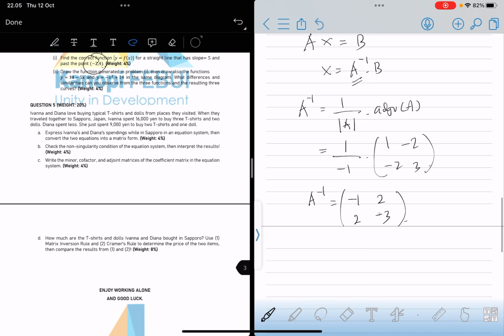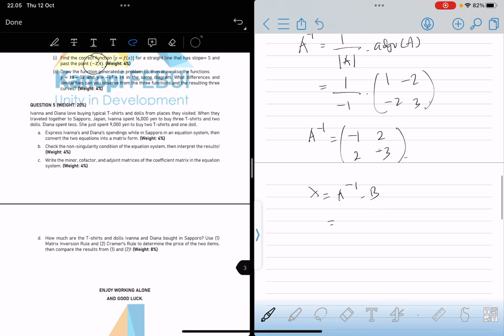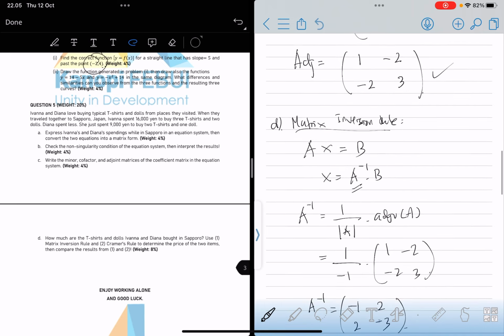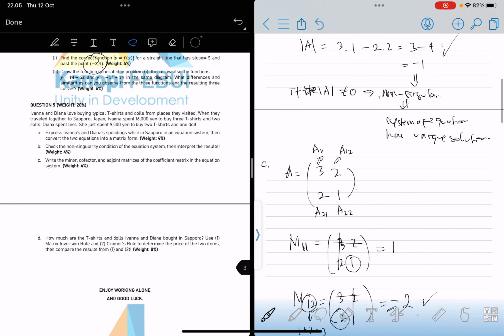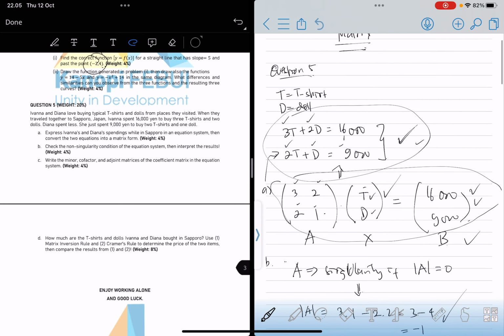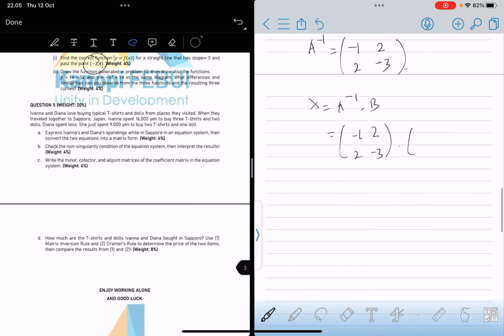And we know that X is A inverse times B. A inverse is minus 1, 2, 2, minus 3. So B is, how much B? B is 16,000 and 9,000. So it's times 16,000 and 9,000. Because this one is 2 times 2, this one is 2 times 1, so the result should be 2 times 1.